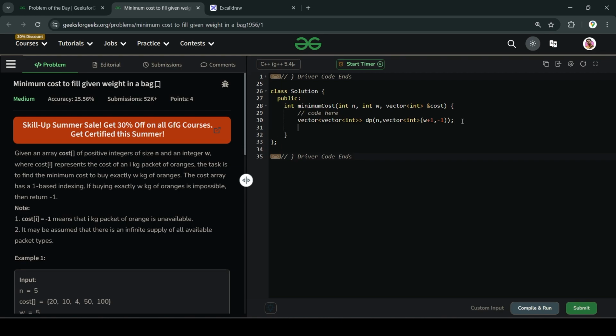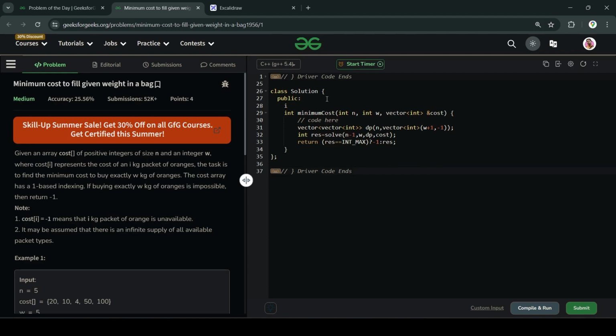So now let us make the solve function. We will store the answer into another variable that will be trace. Trace will be solve. We have to pass n minus 1, weight also, and dp and cost. Okay. So return, if the trace is equal to int max, then we can return minus 1, else we can return trace. I will discuss later why I'm taking int max here.